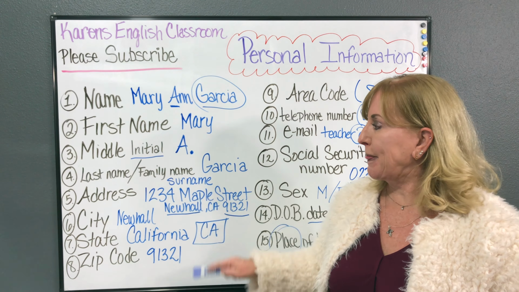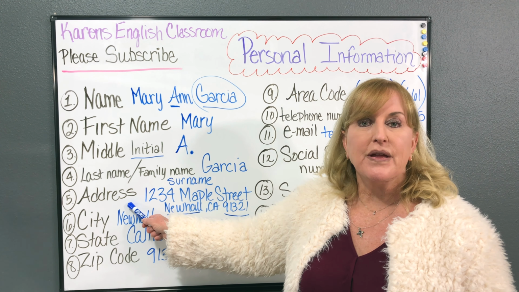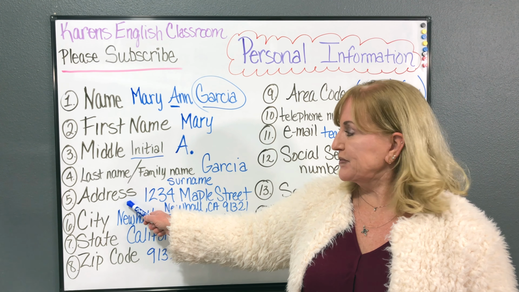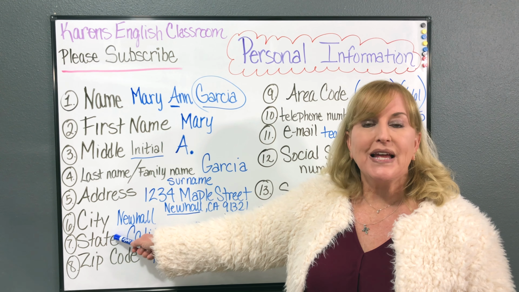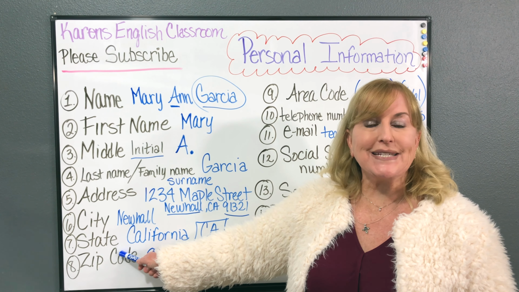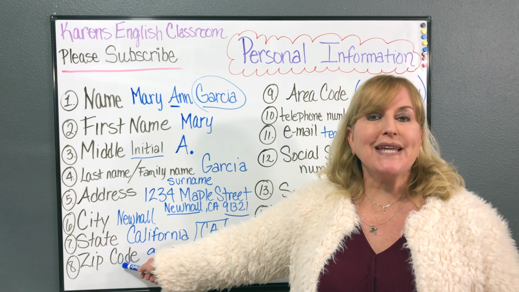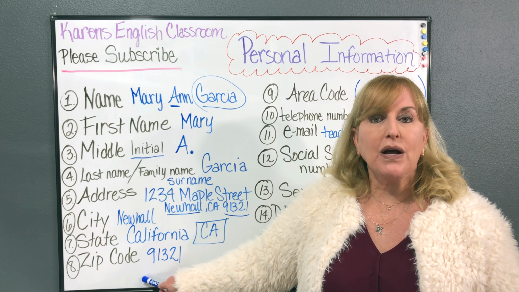All the same. Number 5, address. Number 6, city. Number 7, state. Number 8, zip code.